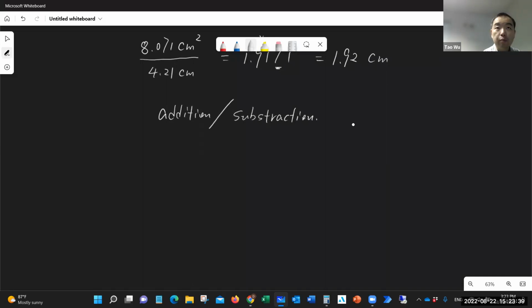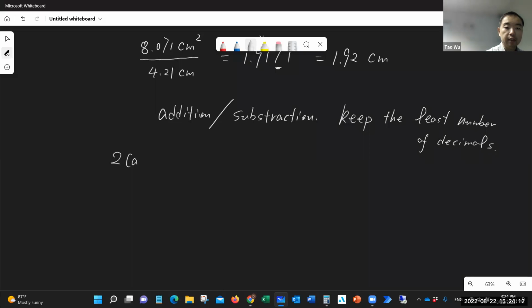They also have a rule, but the rule is to keep the least number of decimals. What does that mean? Let's look at one of the examples. Let's go to 2A in the study guide.